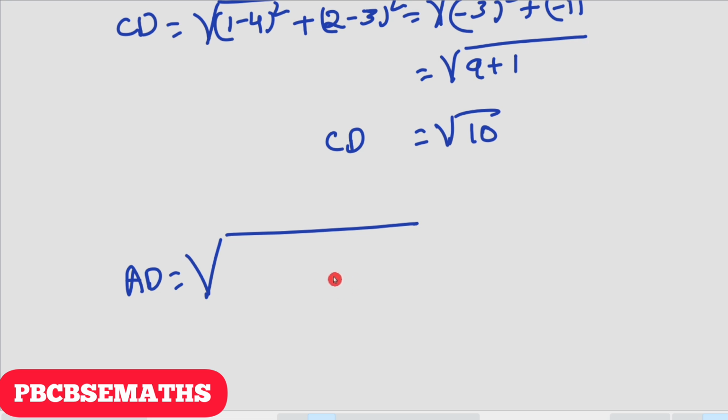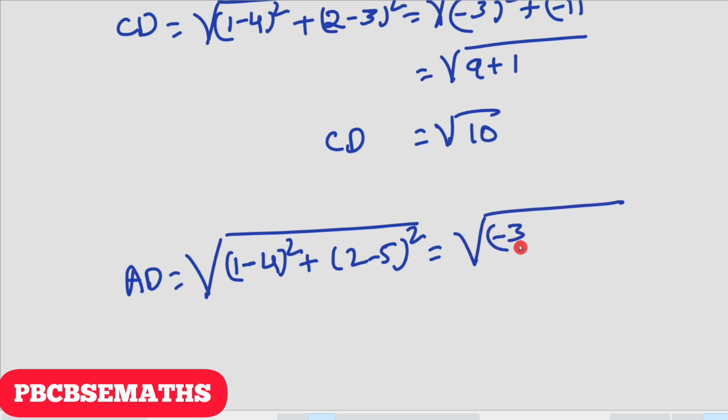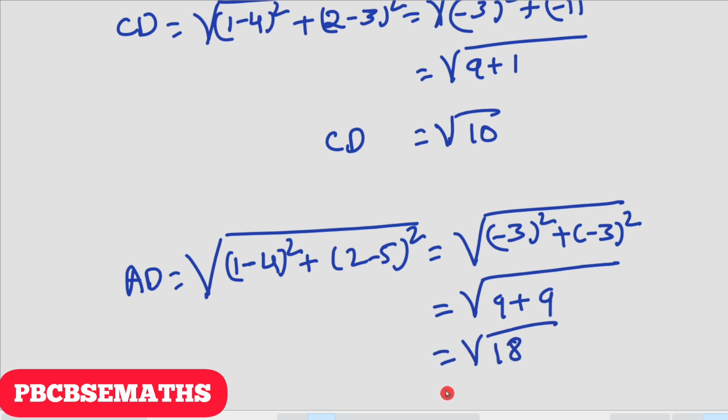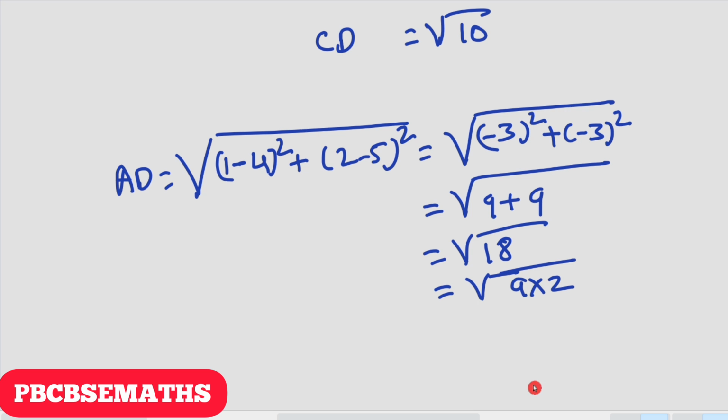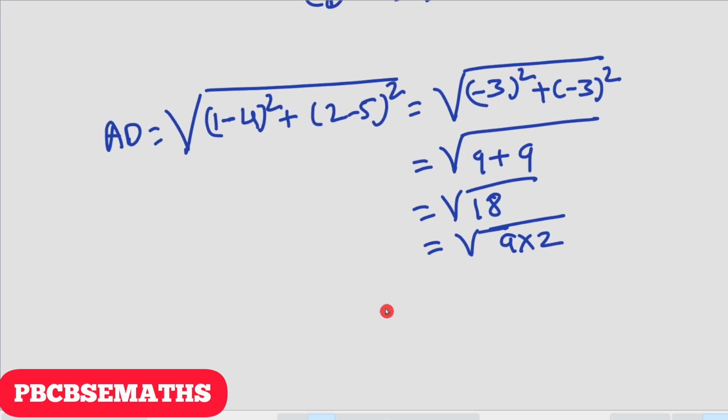Then we have (1 minus 4) whole square plus (2 minus 5) whole square, which gives us square root of (minus 3) whole square plus (minus 3) whole square, that is 9 plus 9, which gives us square root of 18, which we can write as 9 into 2, which gives us AD as 3 root 2.